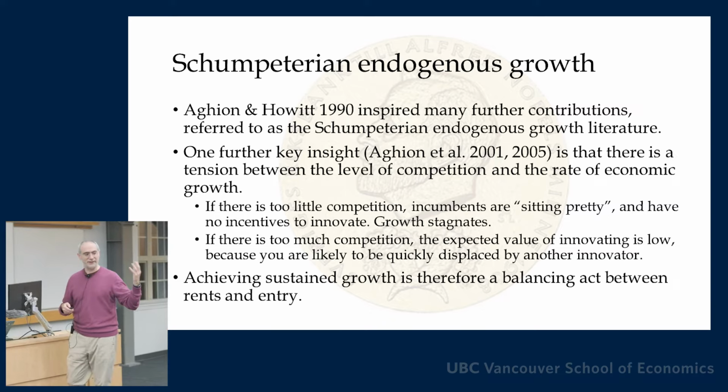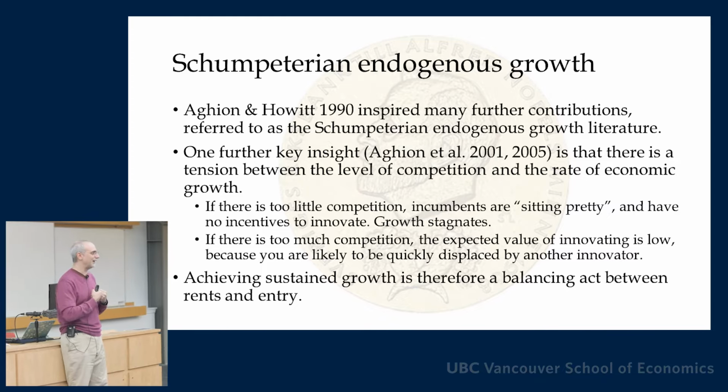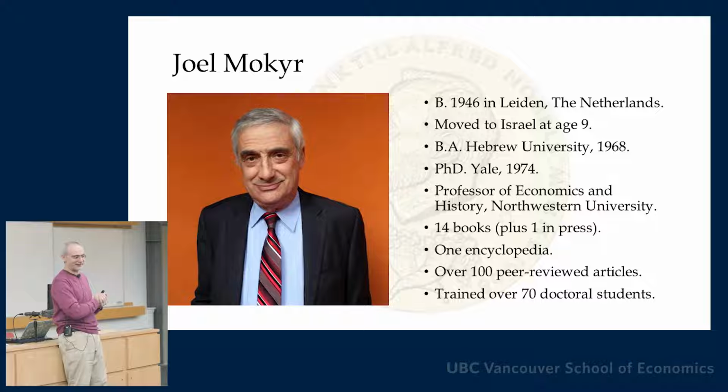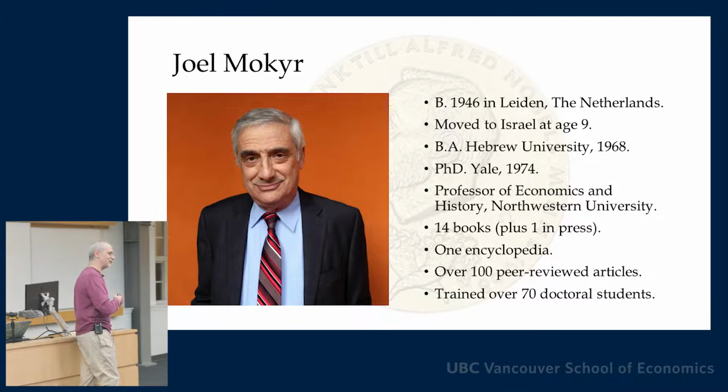And this is most definitely not agreeing with what people call classical economics, where rents are bad and entry is always good, right? These modern models are telling us there is a space for rents. There is a function that they play. Okay, that's John Howitt. Now on to economic history.